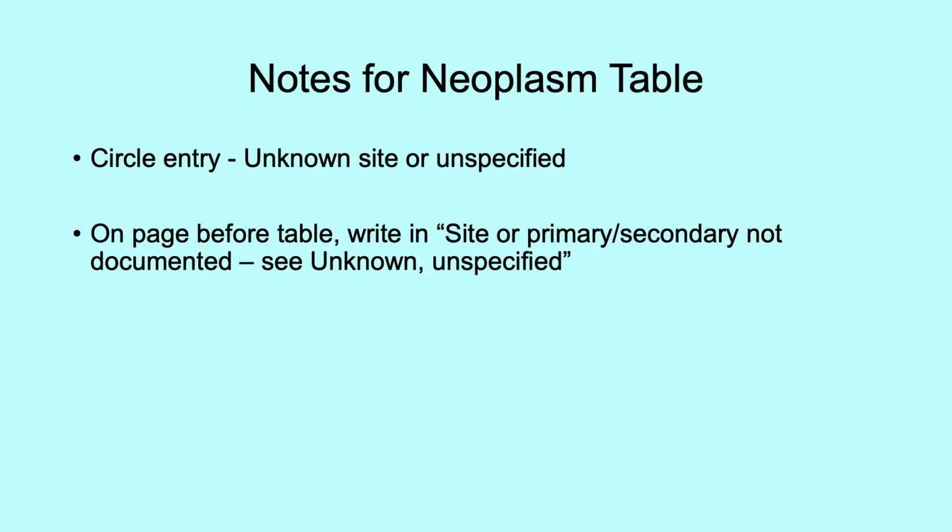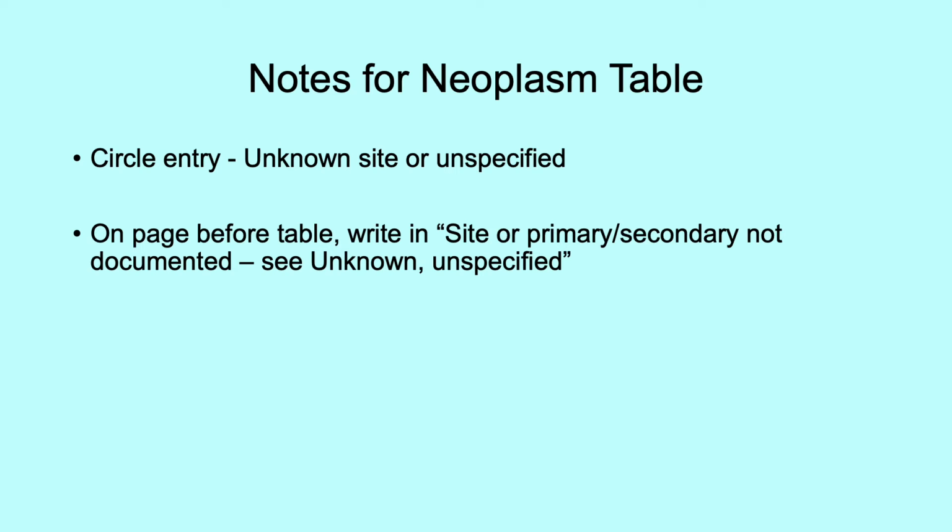So let's move on to the neoplasm table. One of the things that students often get confused with, or forget to code for, is unknown site. So there's the primary site and there's a secondary site, but documentation doesn't tell you where that other site is, or the other way around. You may have a secondary site and may not know where the primary site is.